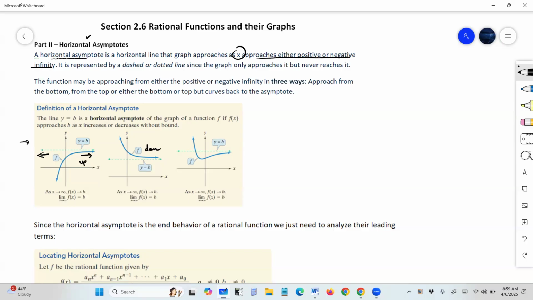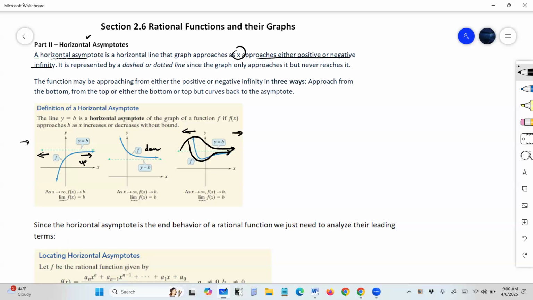Or it can be that the function is going to do something and bounce back, either from the top down or from the bottom up. So either going to the right or going to the left, it's the exact same way.